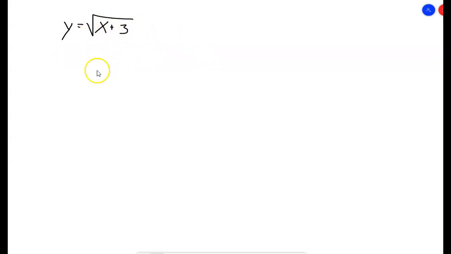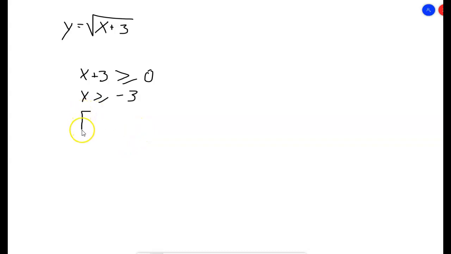That means that whatever's inside here, the x plus 3, has to be greater than or equal to 0. So I can set up this inequality like this. Whatever's inside this radical has to be greater than or equal to 0 because we can't take the square root of a negative number. So now if I just subtract 3 from both sides, I get x is greater than or equal to -3, which is what I came up with before.